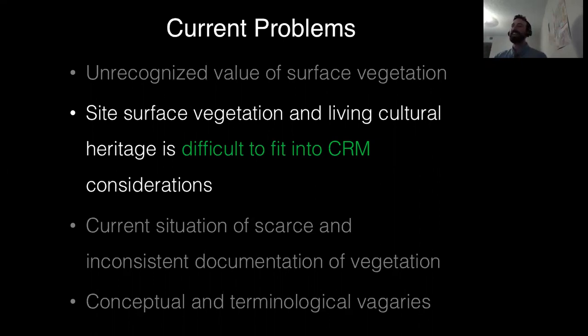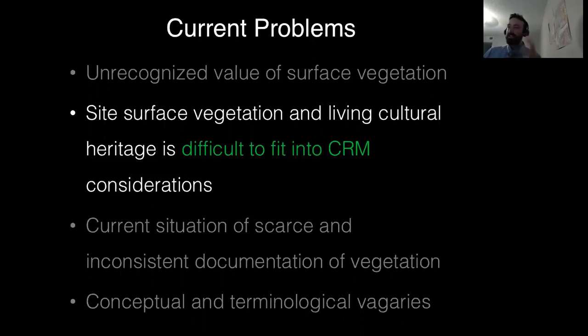One of the things that suffers from these biases, and we'll talk about this shortly in more detail, are the places in between. We tend to fixate on the artifacts and the things within the four walls, the structures, and the spaces in between are an afterthought.